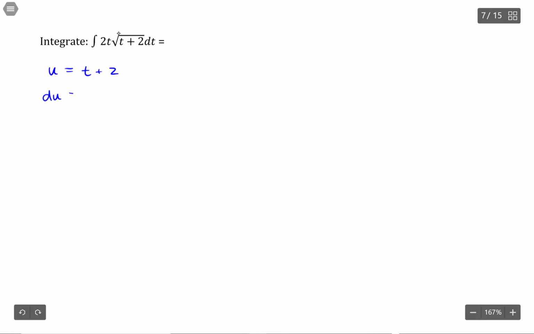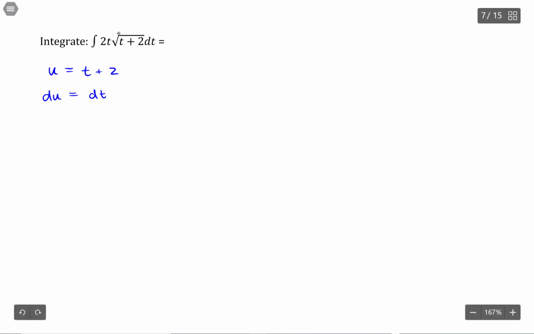Well, for substitution to work, what we need is the derivative of that to look like another part of our function. So the derivative of t plus 2 is just dt.